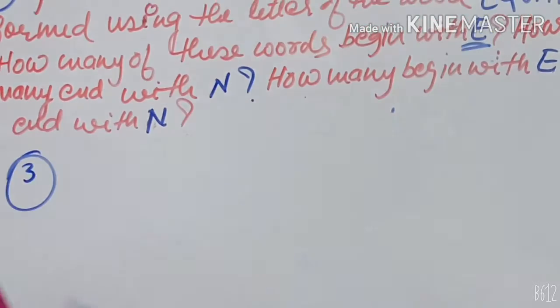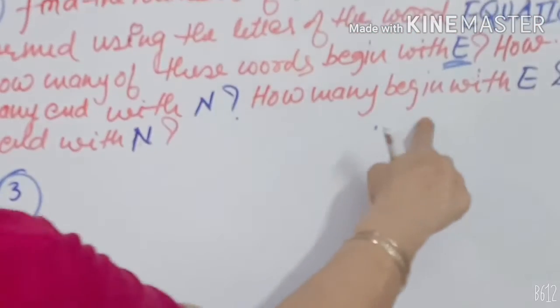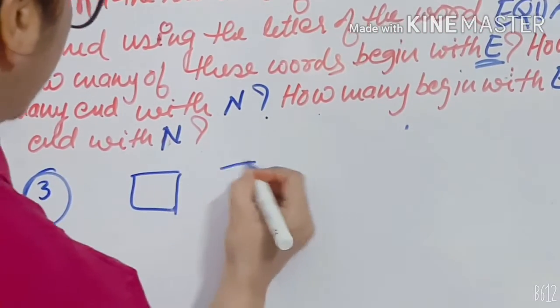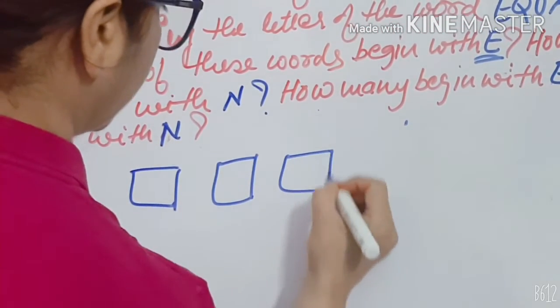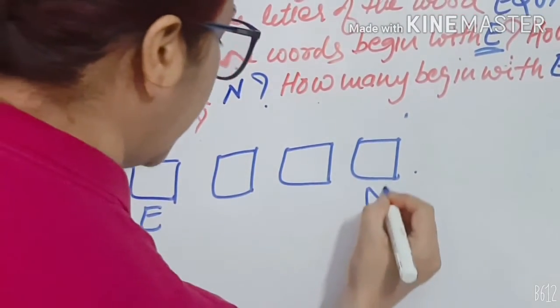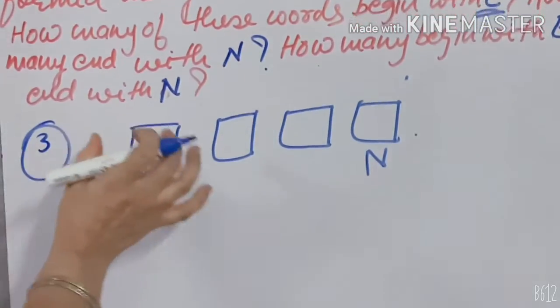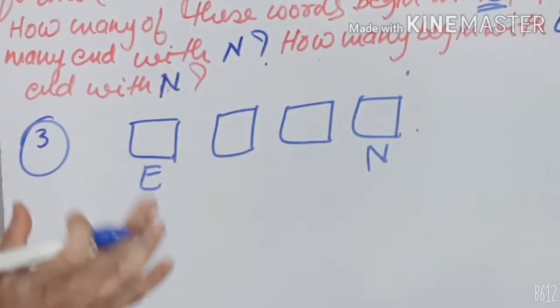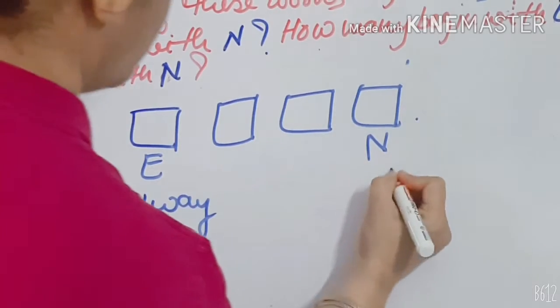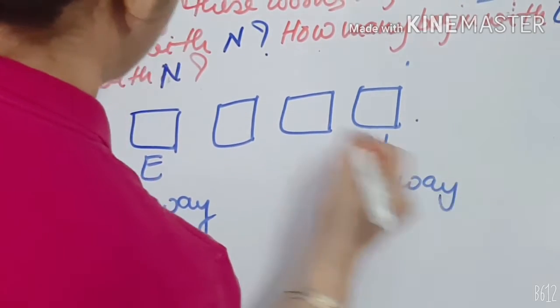Now the third or last point: how many begin with E and end with N. I am again making blocks for simplicity. The first is E, the last is N. I know these are the specified things. This is in one way, and this is also in one way. Fine.